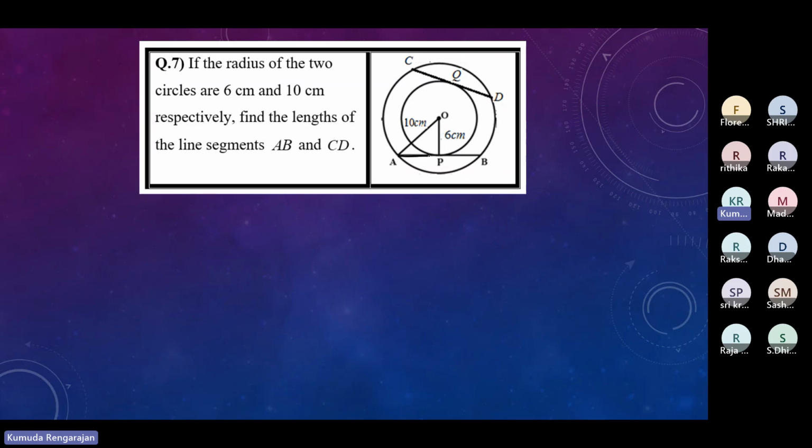Now it's very clear that AB is a chord to the outer circle and a tangent to the inner circle at P. Similarly, CD is a chord to the outer circle and a tangent to the inner circle at Q. So we have to find the length of the tangent, that is the length of the line segments AB and CD, which are actually tangents to the smaller circle.